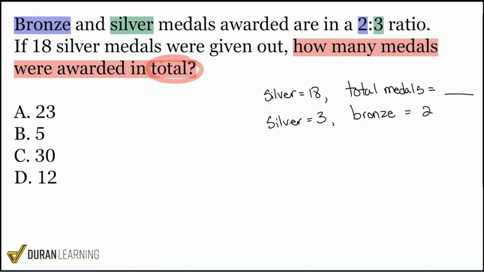The problem with this is that if you believe that this is your proportion, it's wrong. Because sure, we have silver first, but the comparisons aren't the same here. We're doing silver to total, silver to bronze. That's a problem, a very big problem, because if you assume that this will work, you're not getting the total number of medals.